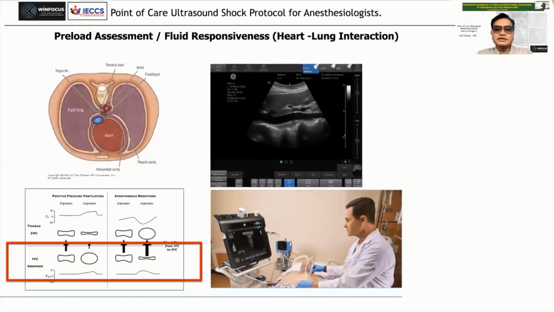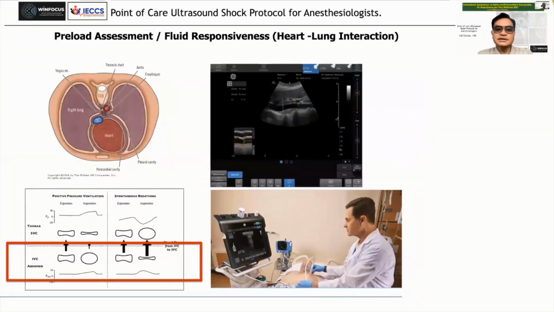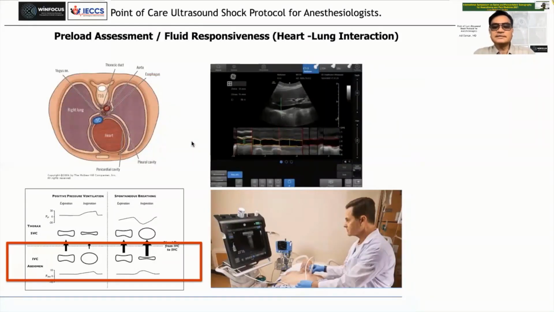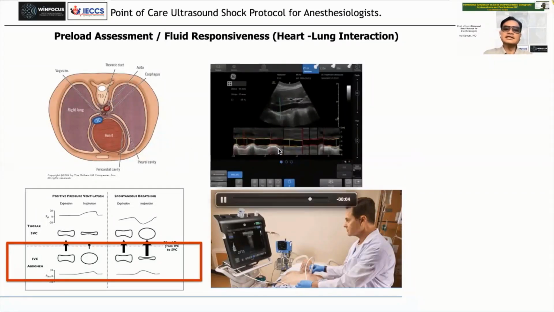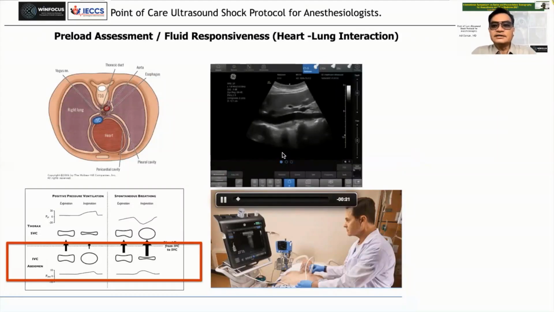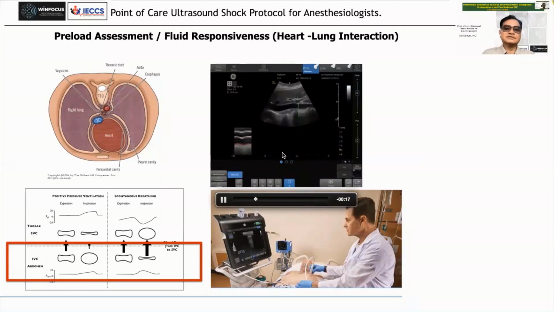Because of the change in the intrathoracic pressure, there will be a change in the diameter of the IVC. It's just a bit of an example. But the most important thing is that you need to do a dynamic IVC measurement. You can see there is a variation in the IVC, and you can determine whether the patient is fluid responsive or not fluid responsive.